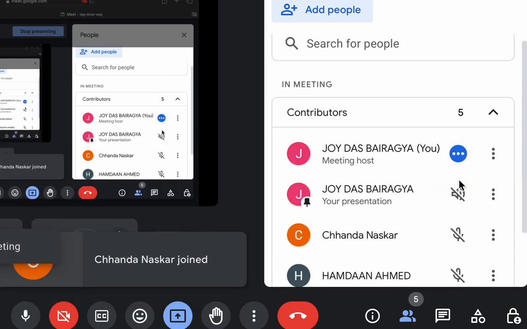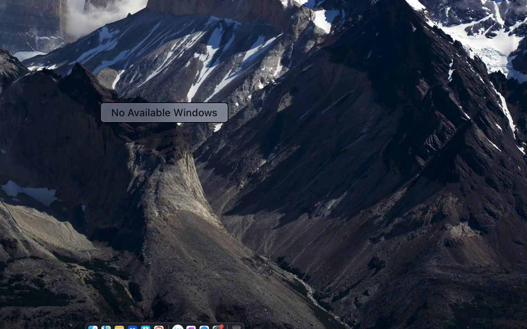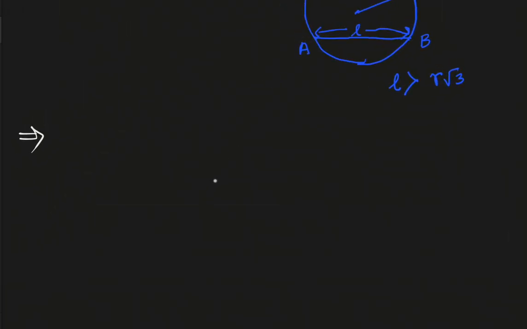Okay. First way. Suppose this is a circle. No, my drawing is horrible. This is the closest circle I can draw.